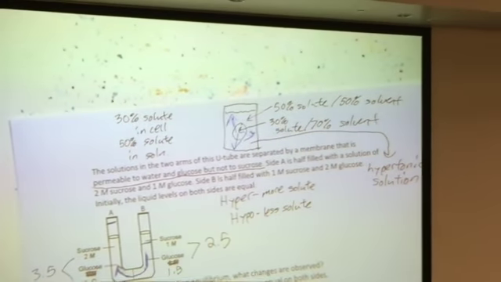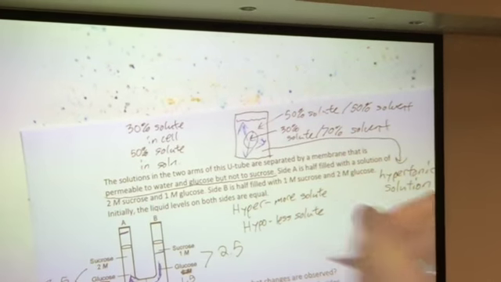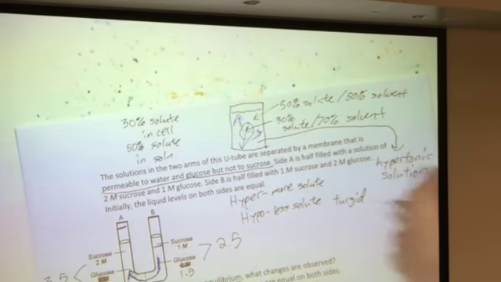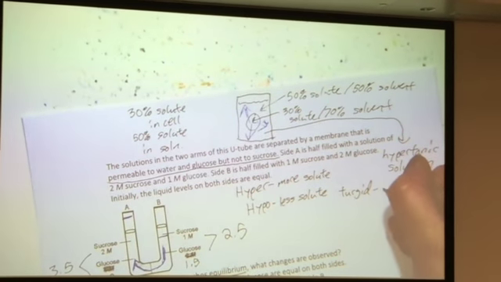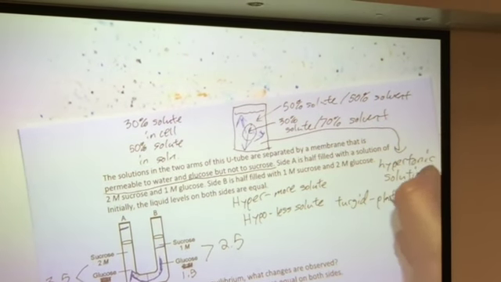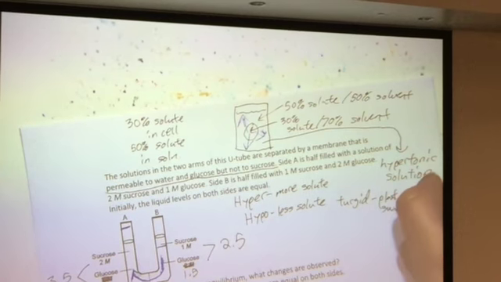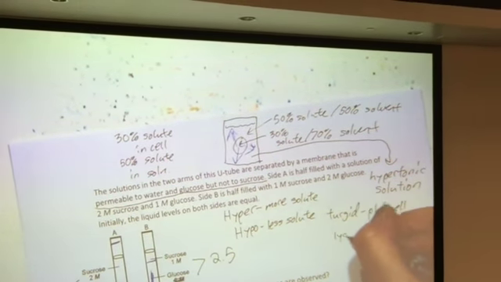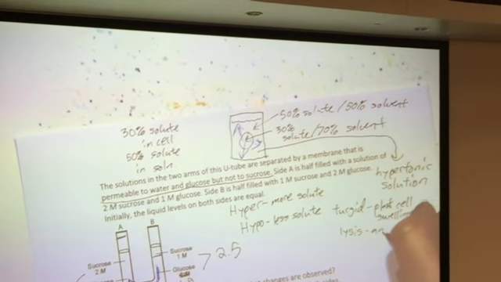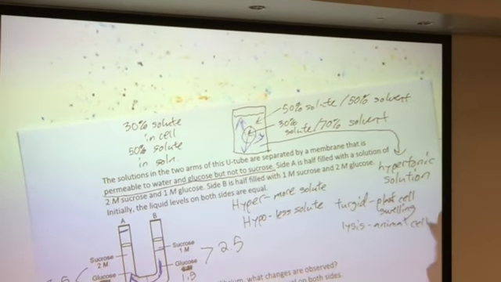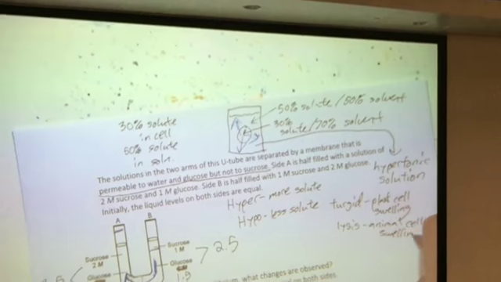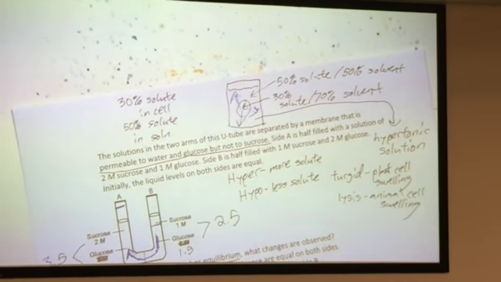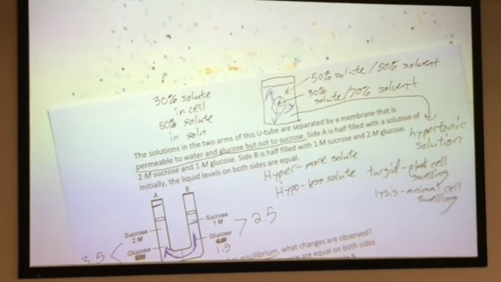So, this is going to be totally not organized, but I'm just going to say turgid is plant cell swelling. And then lysis occurs if an animal cell swells. The difference between the two is that a plant cell has a cell wall. So if the cell is super full of water, it's not going to explode.